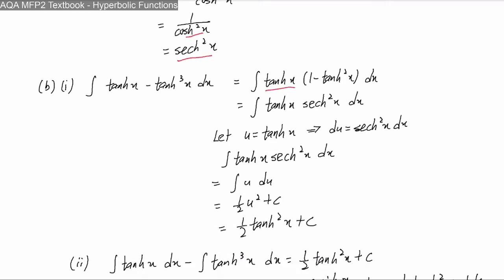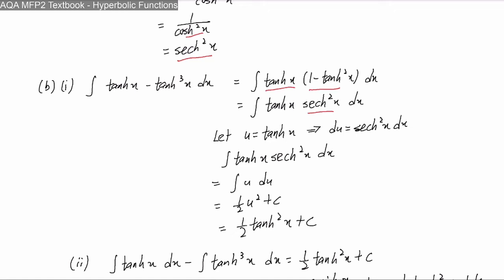Why is it so important for us to factorize this out? Because we want to have 1 minus tan squared. From the identity in the hyperbolic version, 1 minus tan squared gives us a sec squared. This sec squared actually helps us in the integration.